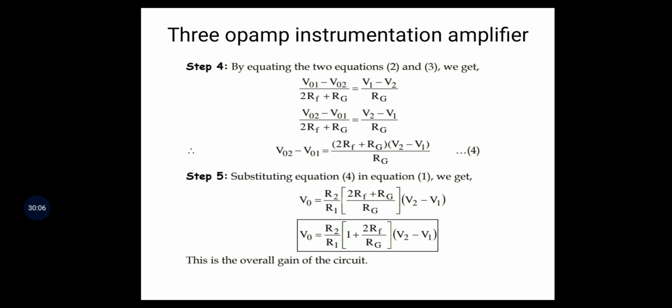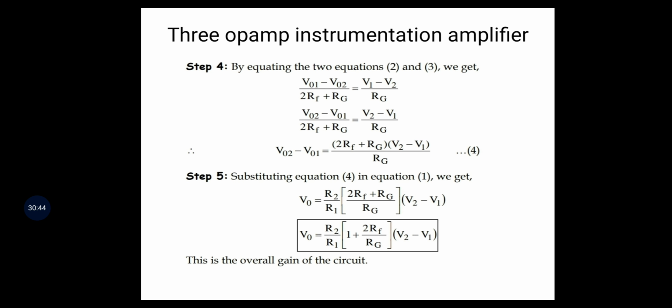So V02 minus V01 equals (2RF plus Rg) into (V2 minus V1) by Rg.